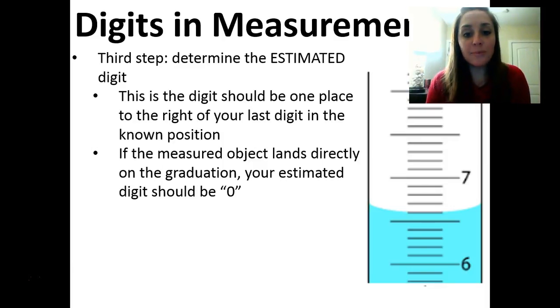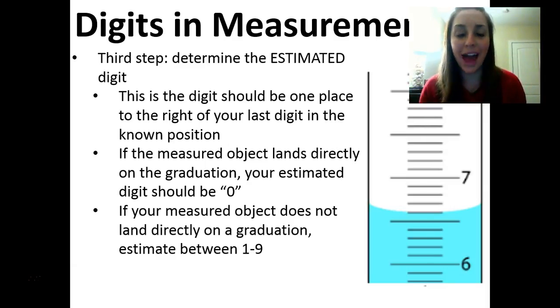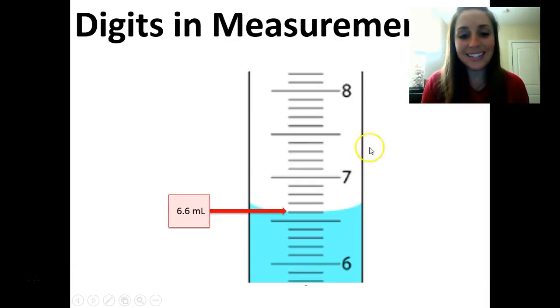If your measured object lands directly on the graduation, your estimated digit should be a 0. If it does not land directly on the graduation, you have to estimate 1 to 9 somewhere after that graduation. For this one, 6.6 milliliters is my known.